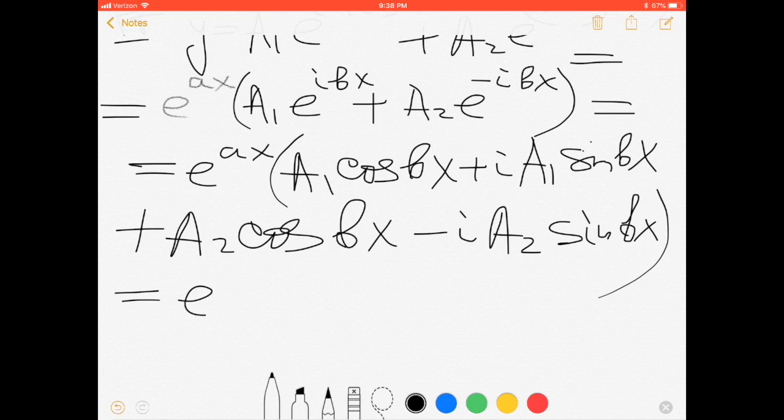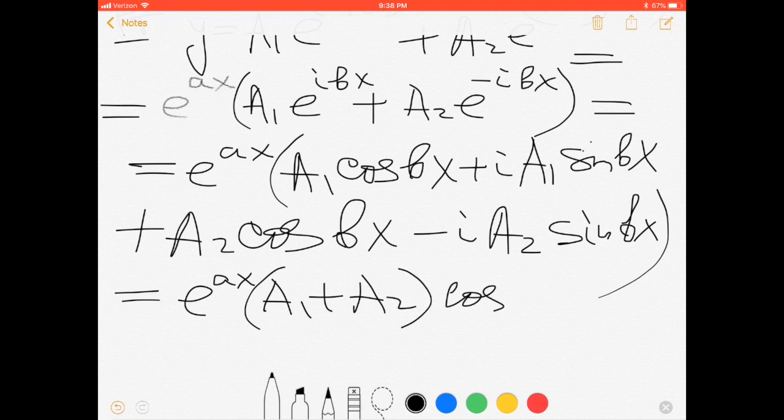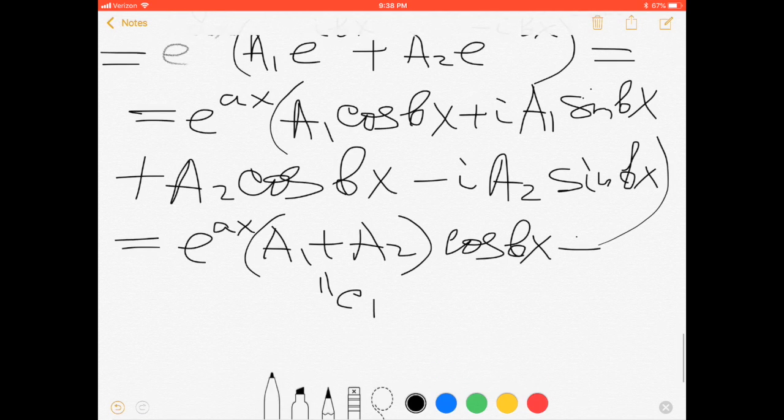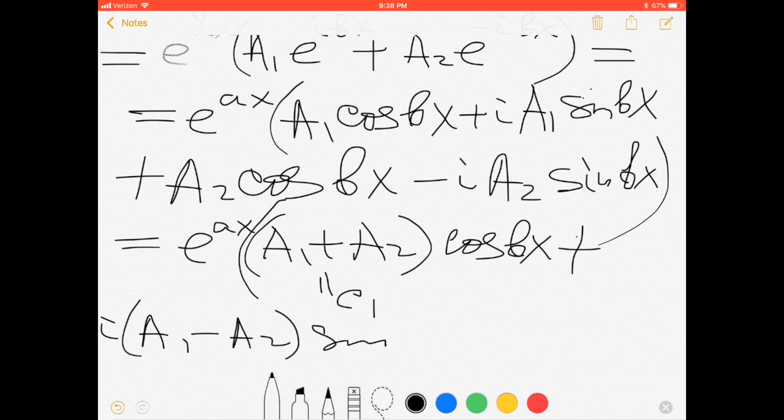We can rewrite like e to the ax times some c1. It will be a1 plus a2 times cosine bx, plugging this in as c1, and plus i times (a1 minus a2) sine bx.